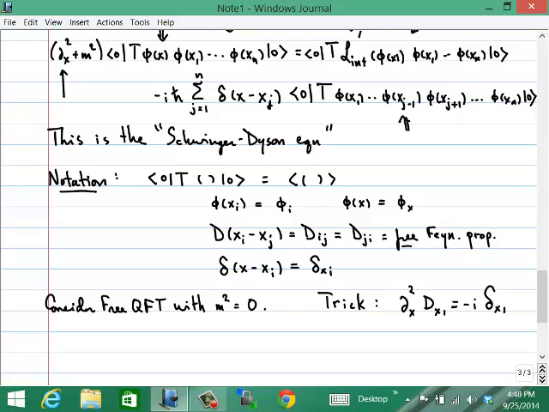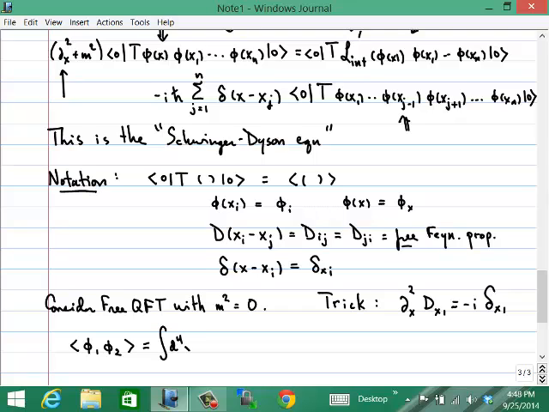So let's imagine then that I want to compute, say, the time-ordered expectation value of phi at x1 times phi at x2. The trick that I'm going to use is to rewrite this in the stupidest possible way.